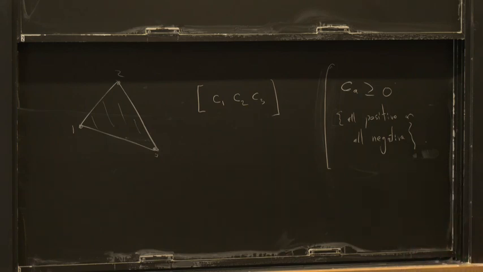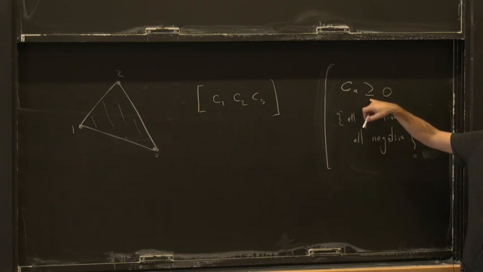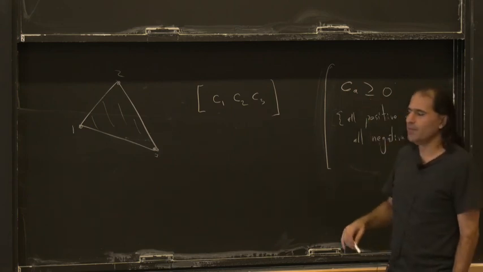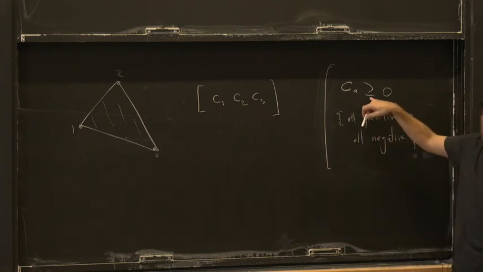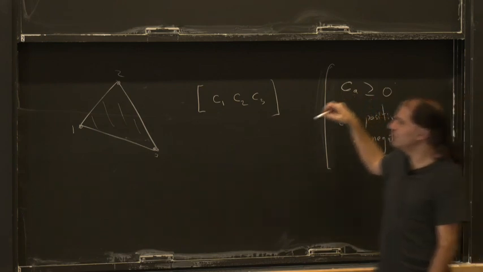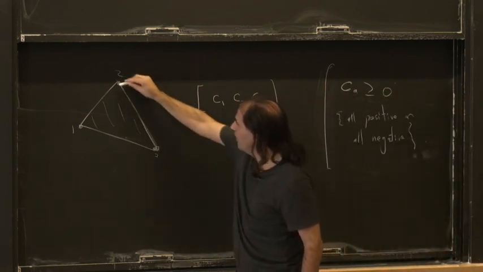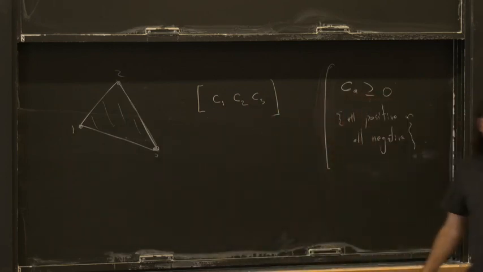The other thing is that we're going to allow these to be greater than or equal to 0. So what does it mean for any of these C's to vanish? Let's say C1 vanishes. It means that you're on the line 2, 3 in this picture. So having the C's vanish means that you're on the boundaries of the triangle.